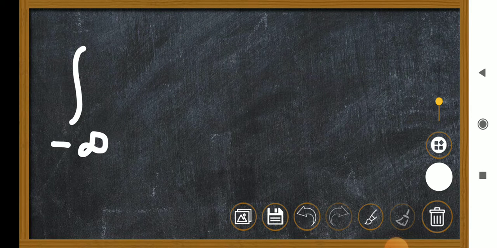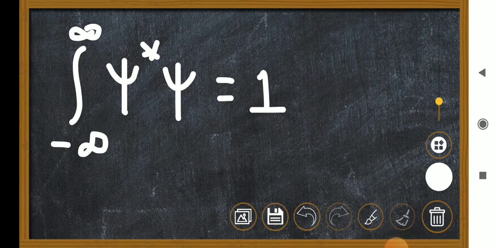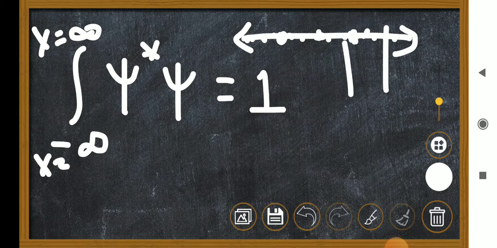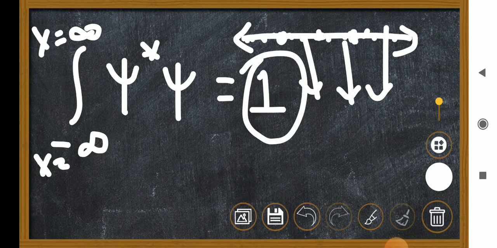The integral from minus infinity to infinity of psi star psi equals 1, which means if we consider a range from x equals minus infinity to x equals positive infinity, on the one axis we can find the particle here, here, or anywhere, and summing up all the probabilities, it should always amount to 1. That is your probability density.